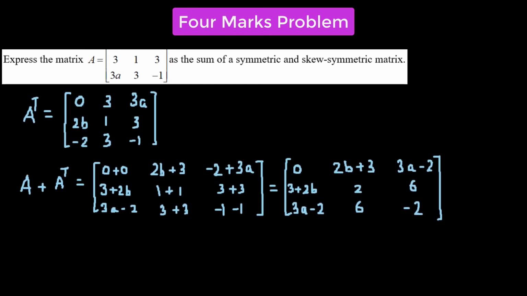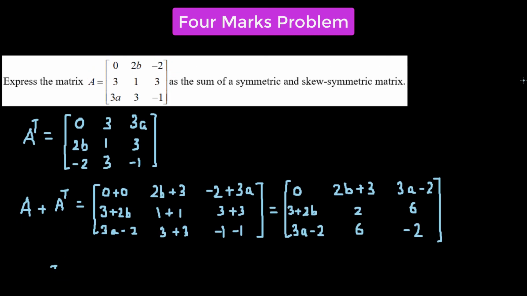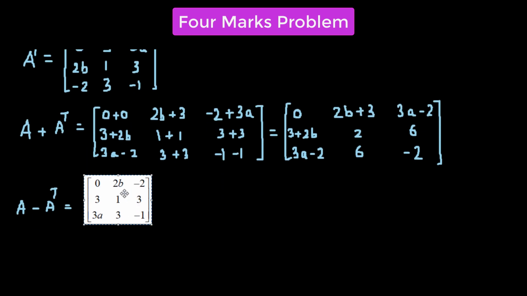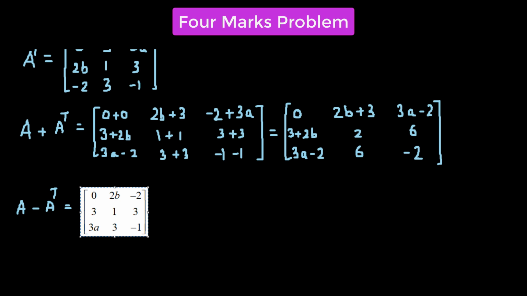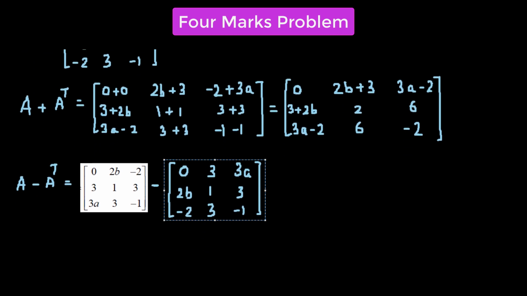Then we find out the skew-symmetric part. So A minus A transpose. So we'll have to write it down. Let's pull matrix A downstairs. So this is our matrix A. Then we subtract A transpose, and let's find out the value.